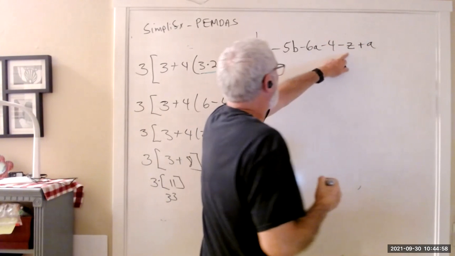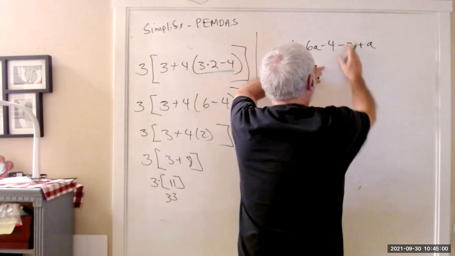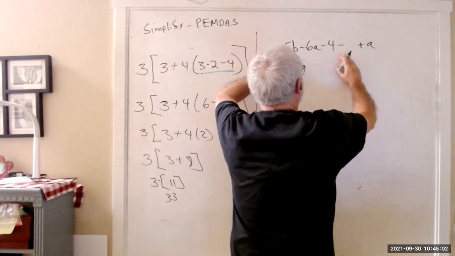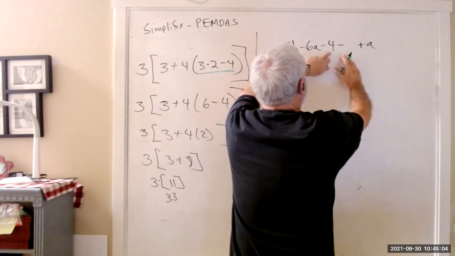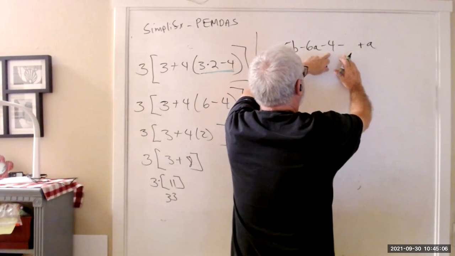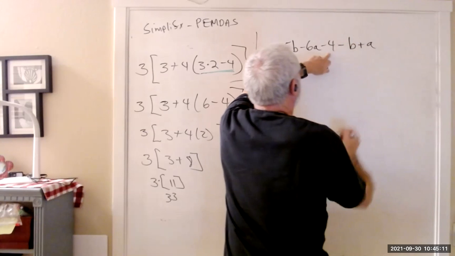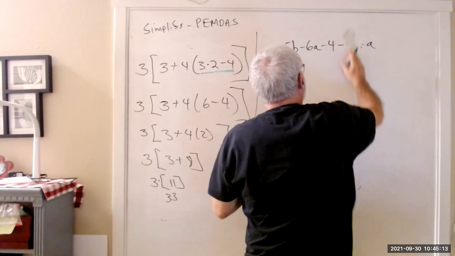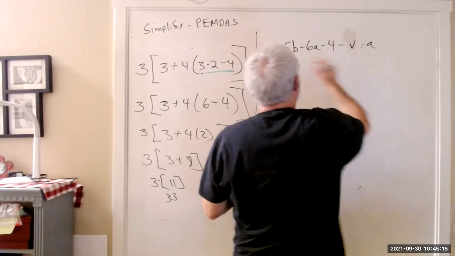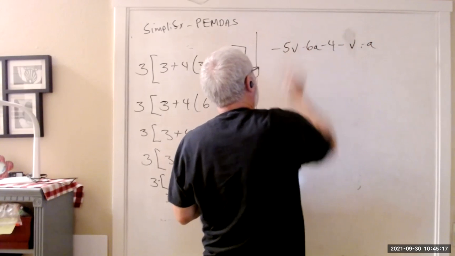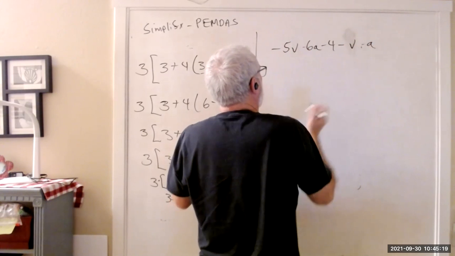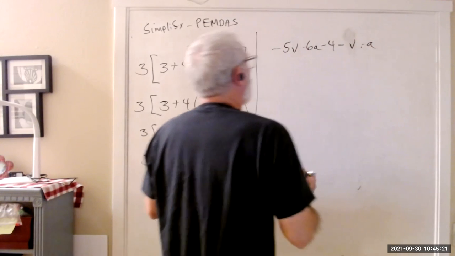No, it's the letter v. It's 5v and 6a and then minus v. Yeah, minus v plus a. V as in Victor, and this is a v there. Yeah. Okay, all right. So plus a.